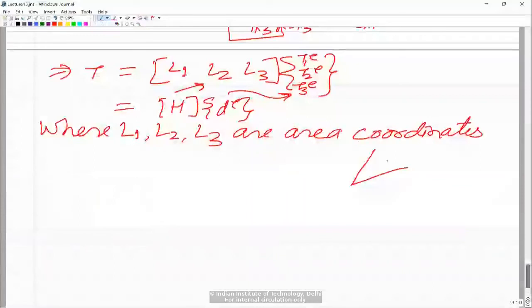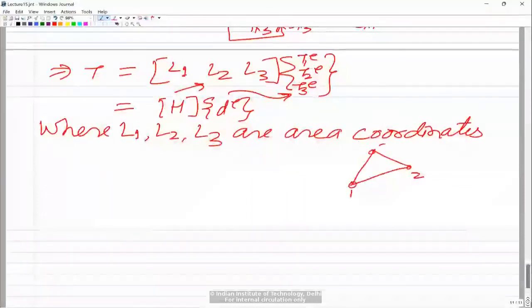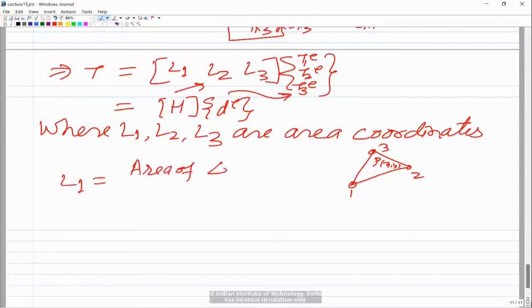So these are the nodes 1, 2, 3, and I set some point P whose coordinates are x and y. So L1 comes out from multiplying 1 x y with capital A inverse. It comes out as L1 is equal to the area of triangle P23.